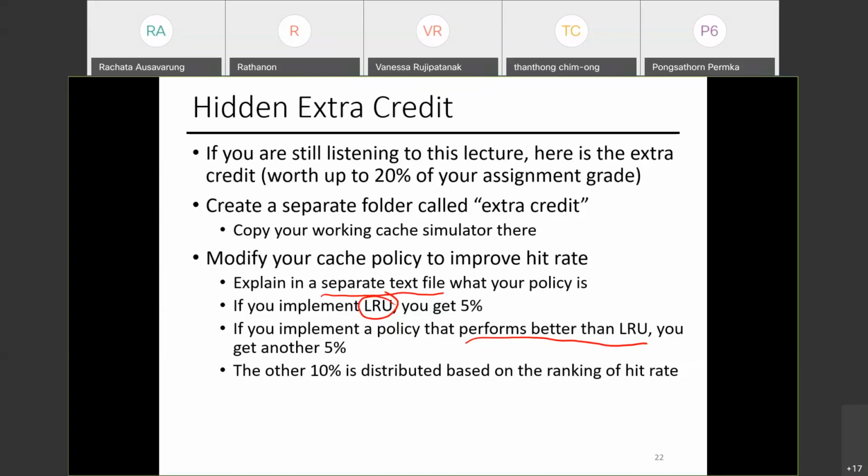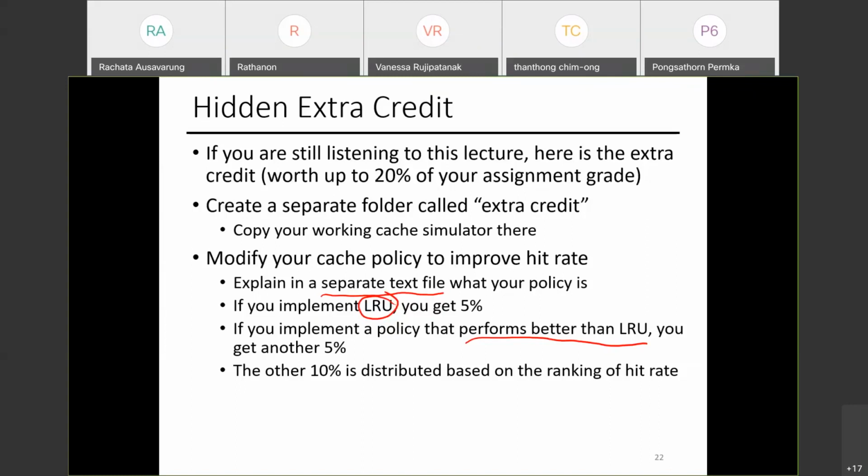If 5 people submit, those will get 2%, 4%, 6%, 8%, and 10%. If more than that submit, I would have more people clustering toward the good half, more than 5%, than the lower half. So hopefully this encourages you to write a better cache.